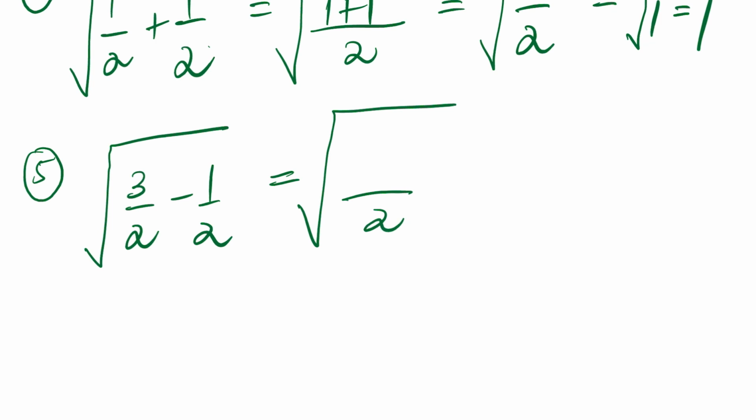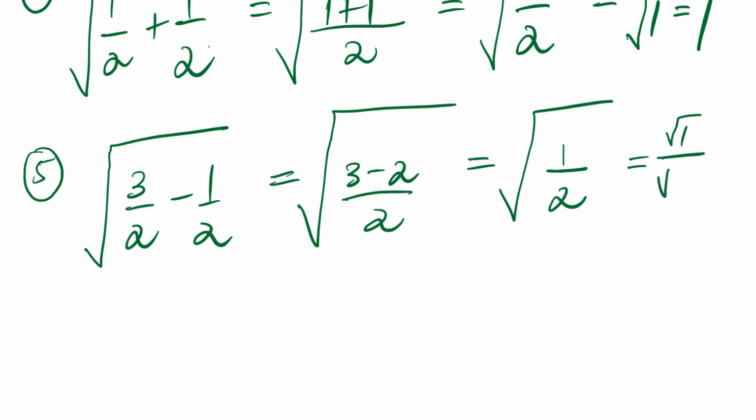We take one denominator, and it's going to be 3 minus 2, which is 1 over 2. So it's going to be square root 1 divided by square root 2, which is the answer. It's going to be 1 over square root 2. I hope that makes sense, guys.